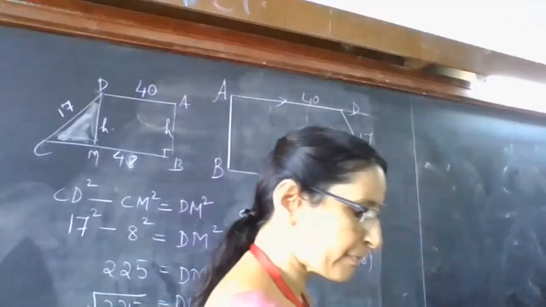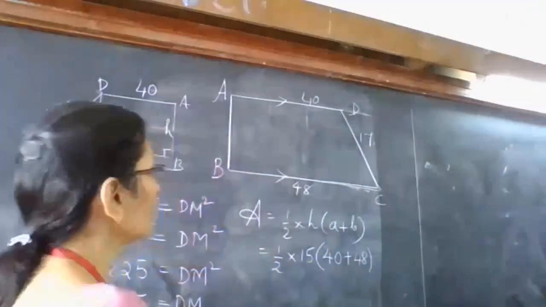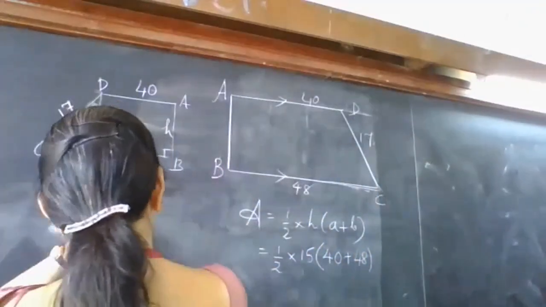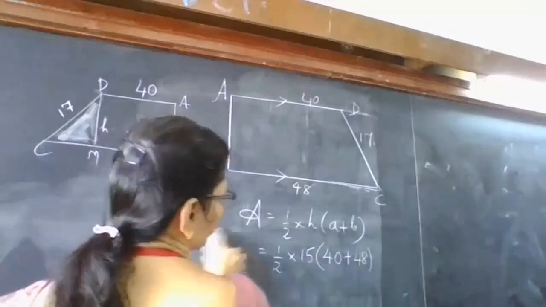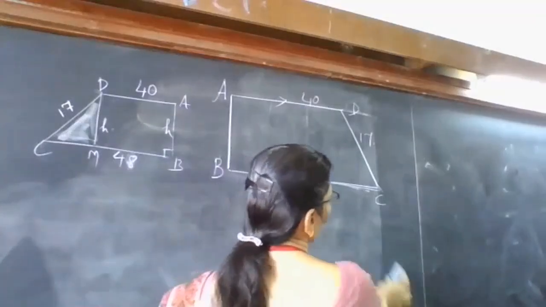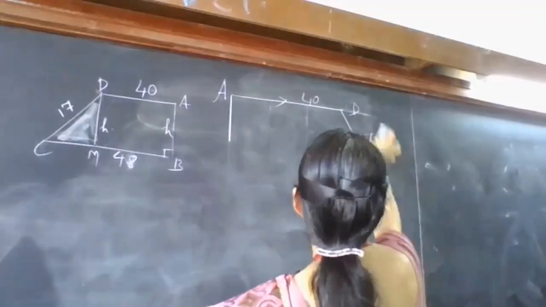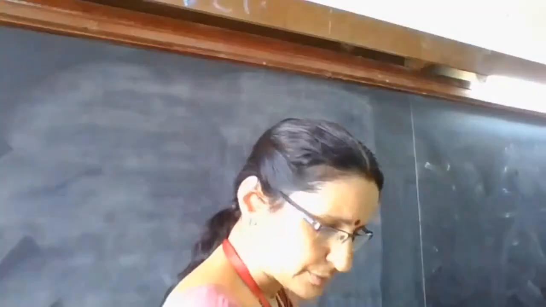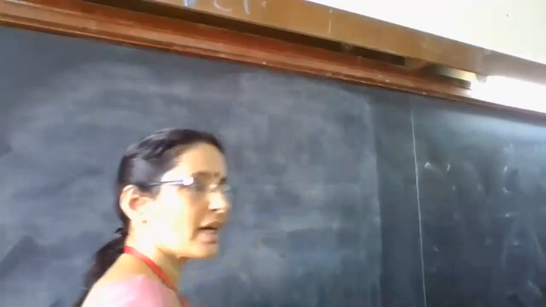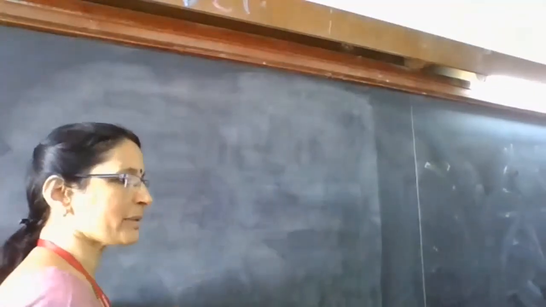Fourth question. It's about the quadrilateral. What is the formula for quadrilateral area? Okay, if I don't memorize, what can I do? I can't memorize.